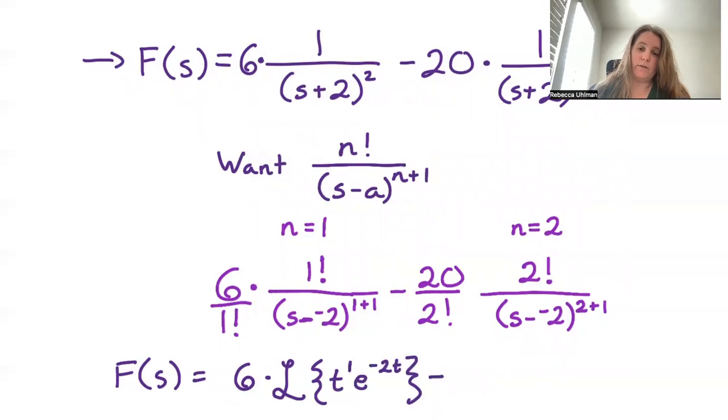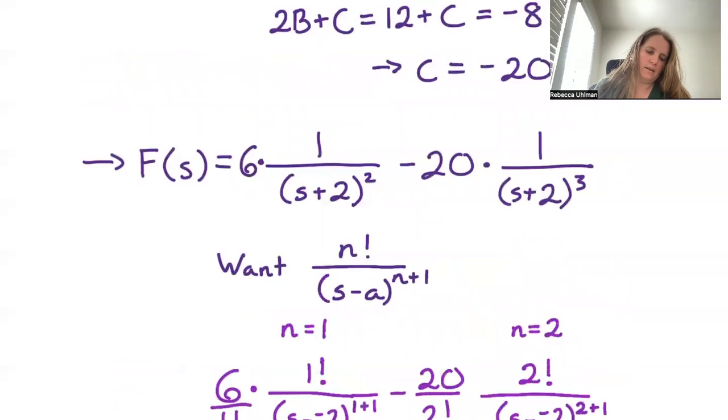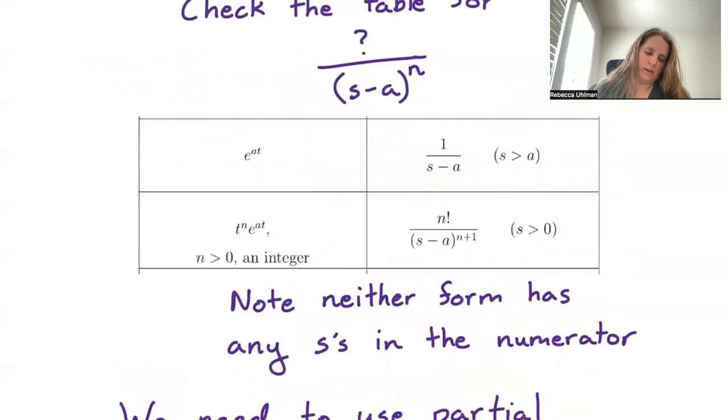Then we have minus 20 divided by 2 factorial, which is minus 10, times 2 factorial over s minus negative 2 raised to the 2 plus 1. We are looking at the Laplace transform of t squared times e to the negative 2t. Again, we're essentially going backwards, going from n factorial over s minus a raised to the n plus 1 back to t to the n e to the at.